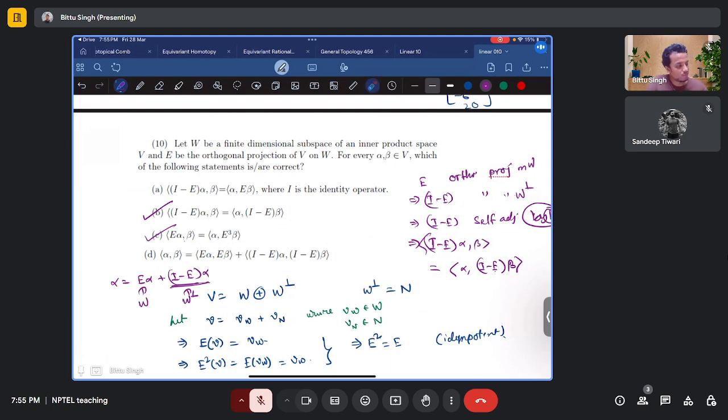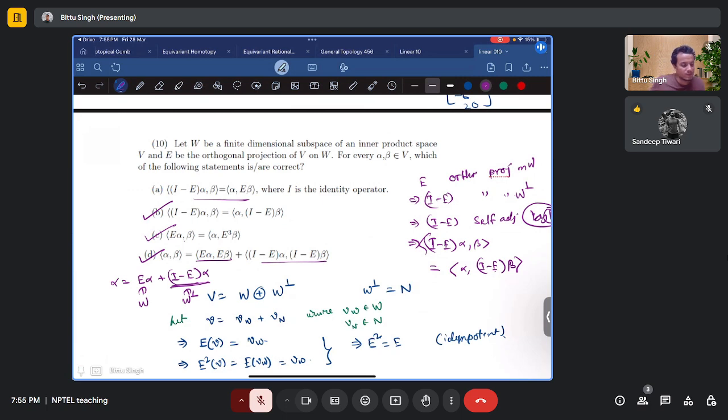So if you just multiply the product, then the cross terms, E alpha inner product with I minus E beta, will be cancelled. Those are orthogonal. Only these terms will survive. The cross term will get cancelled. Those are orthogonal.